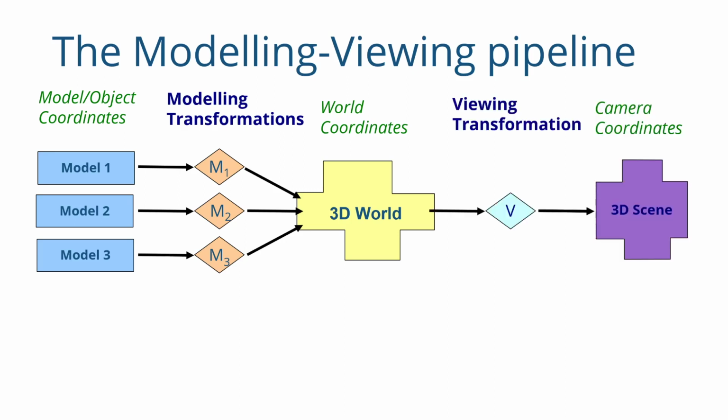Once you are in the world coordinates, now you can start to set up your viewing transformation. If you go back and look at the pinhole camera model that we talked about in the previous lecture, you will notice that we said the camera center was located at the origin.